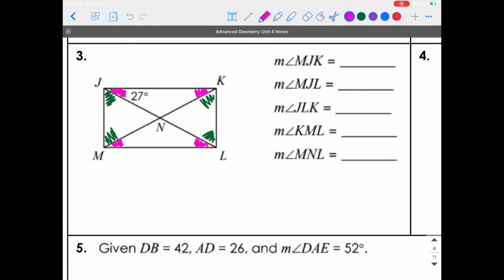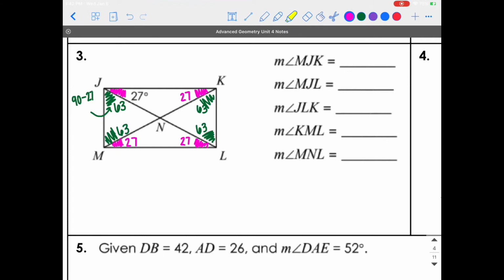So all the pink ones we can say are 27. Now the green ones, we have to take 90 minus 27, which is 63. So all of those are 63. And let's see if that gives us enough information.